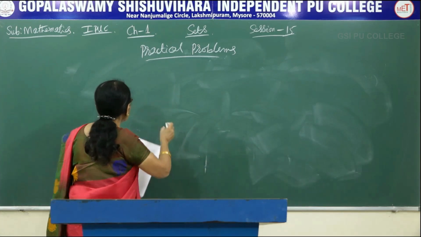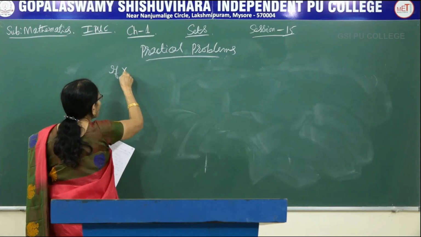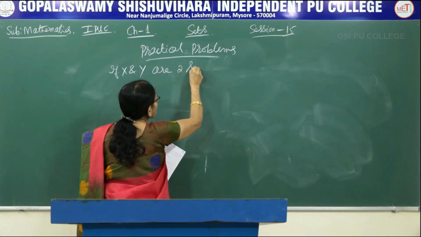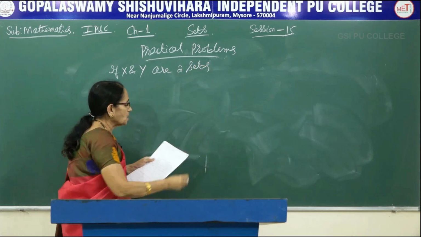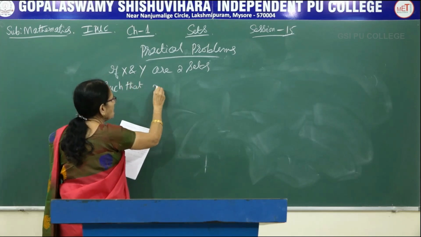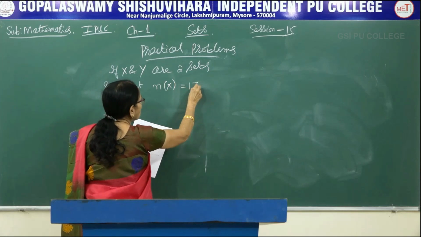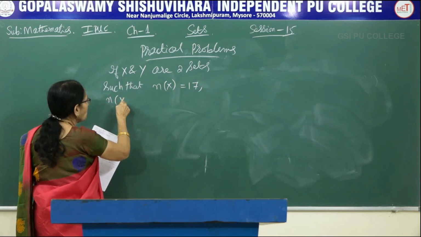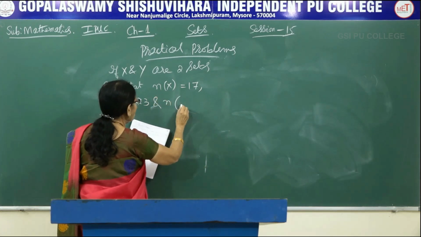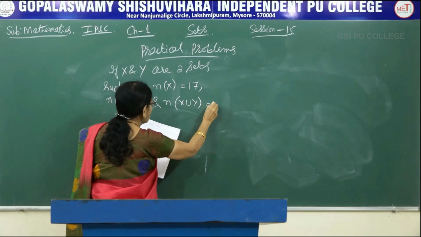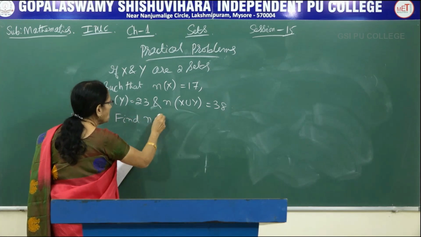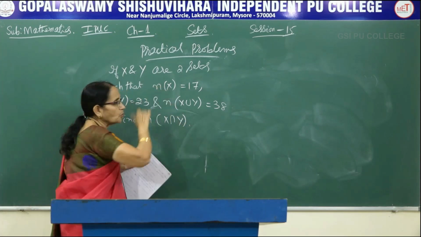The first problem is: if x and y are two sets such that n of x is 17, n of y is 23 and n of x union y is 38, what you have to do is find n of x intersection y.